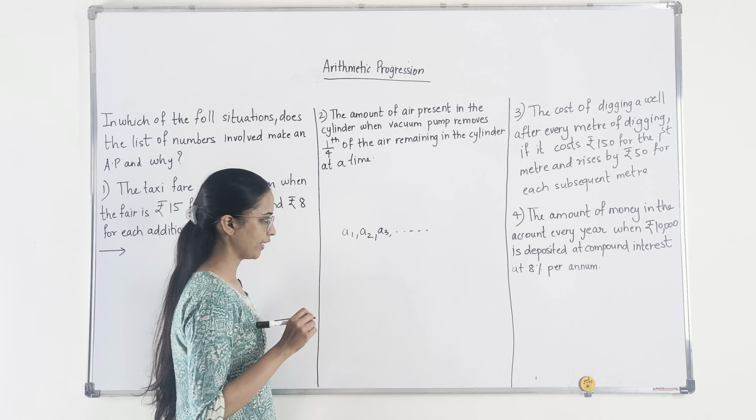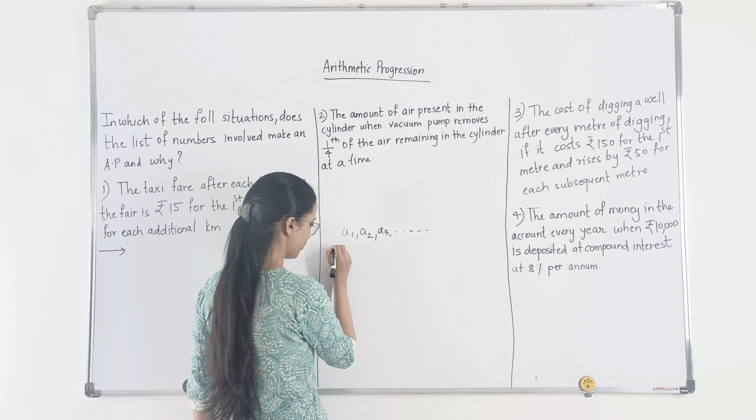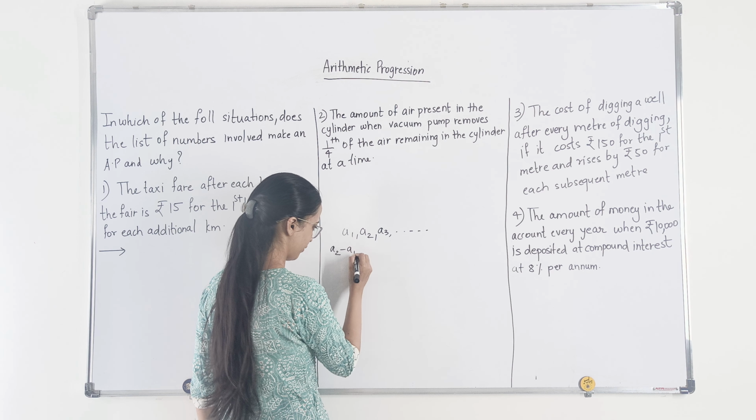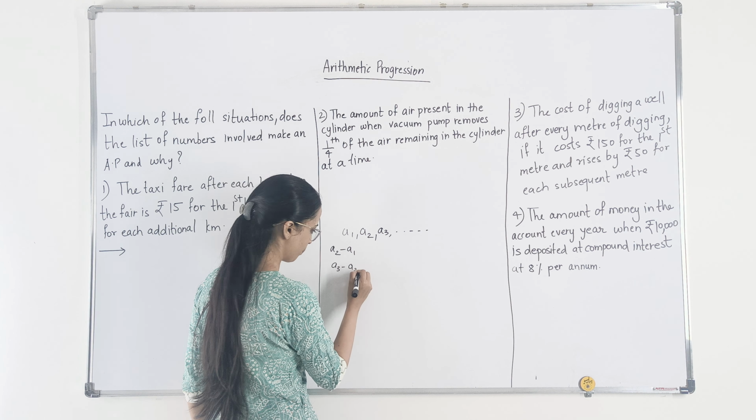Now this is an infinite sequence, and if you take the differences A2 minus A1, A3 minus A2, A4 minus A3 and so on, and if all of these differences come out to be equal to the same number, let's say D, then we call this D the common difference, and the given sequence would be an arithmetic progression.